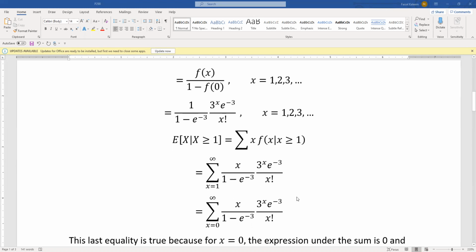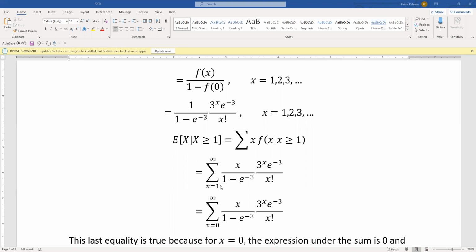Now this summation starts from 1 because this one is starting from 1. However, we would like it to start from 0 because we want to recognize it as an expected value of X. In order to start from 0, you have to throw in the term x equal to 0, because normally the summation is starting from 1.